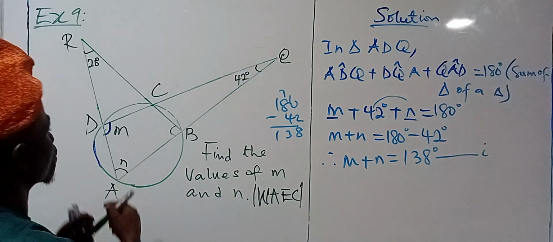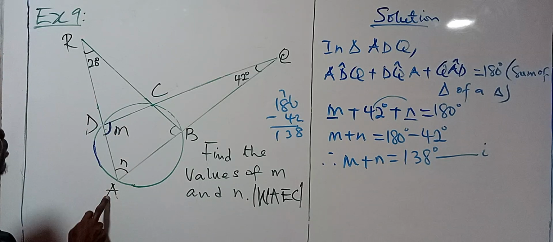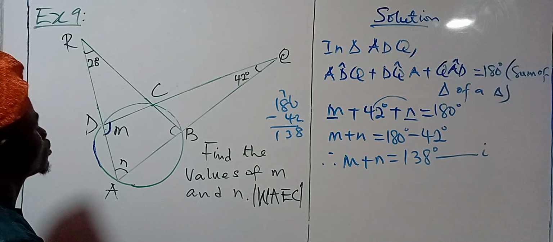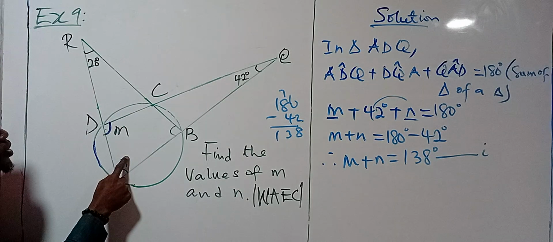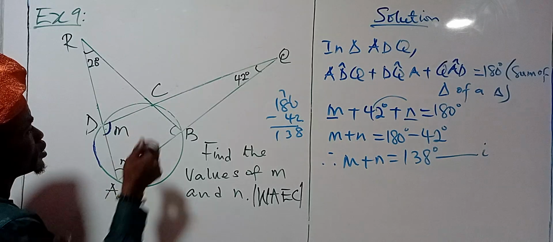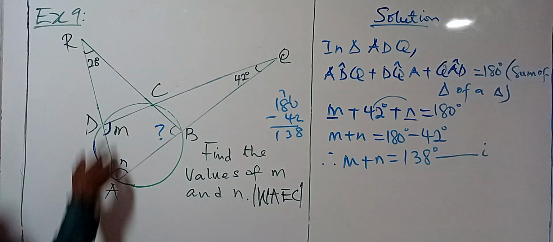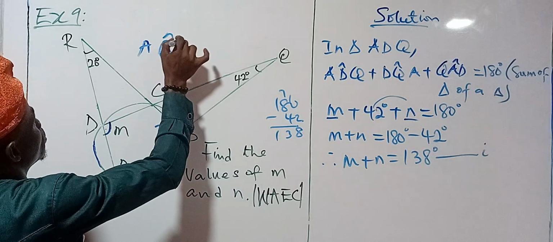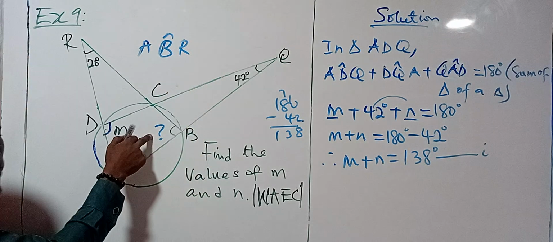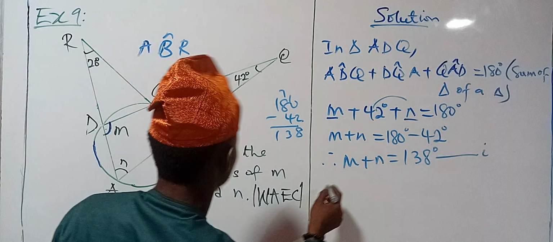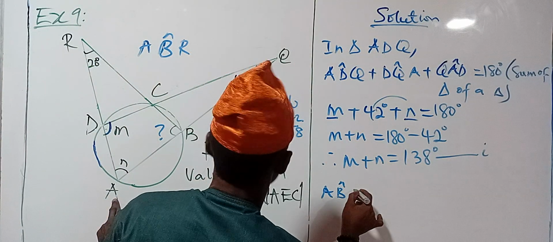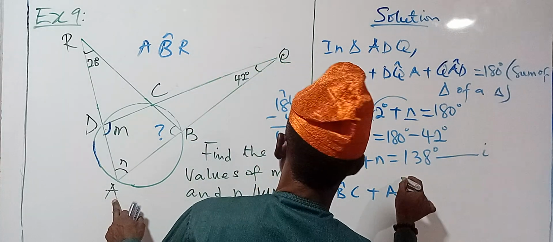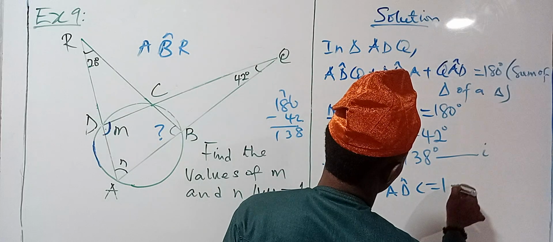Then after that, the second triangle is ABR. In this second triangle, we have N, we have 20, but we don't know this angle. So before we can make use of this triangle ABR, we need to know this angle. Angle ABC plus angle ADC is 180 degrees.